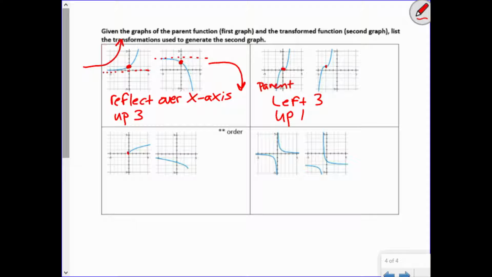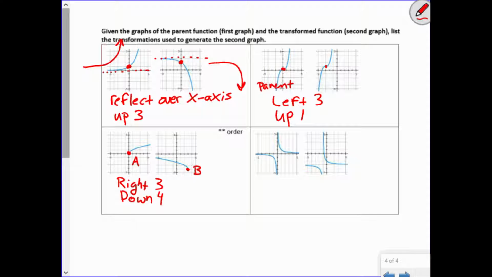Over here, our key point, our central point is right here, but it's right here for this graph. So again, we can analyze how do we get from point A to point B. So it looks like we went to the right. Let's count. We went to the right 3, we went down, 1, 2, 3, we went down 4.